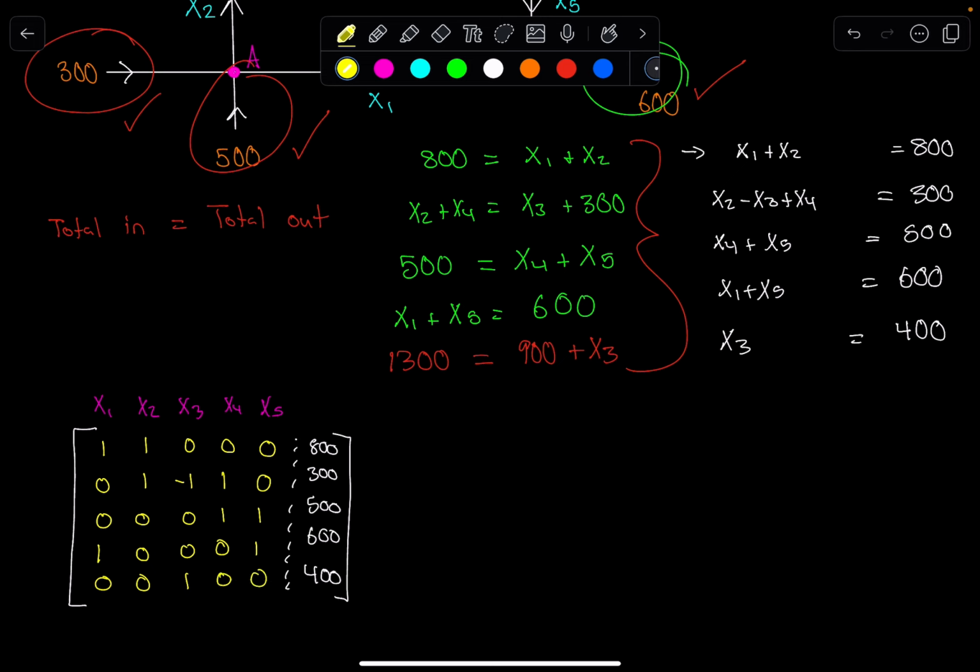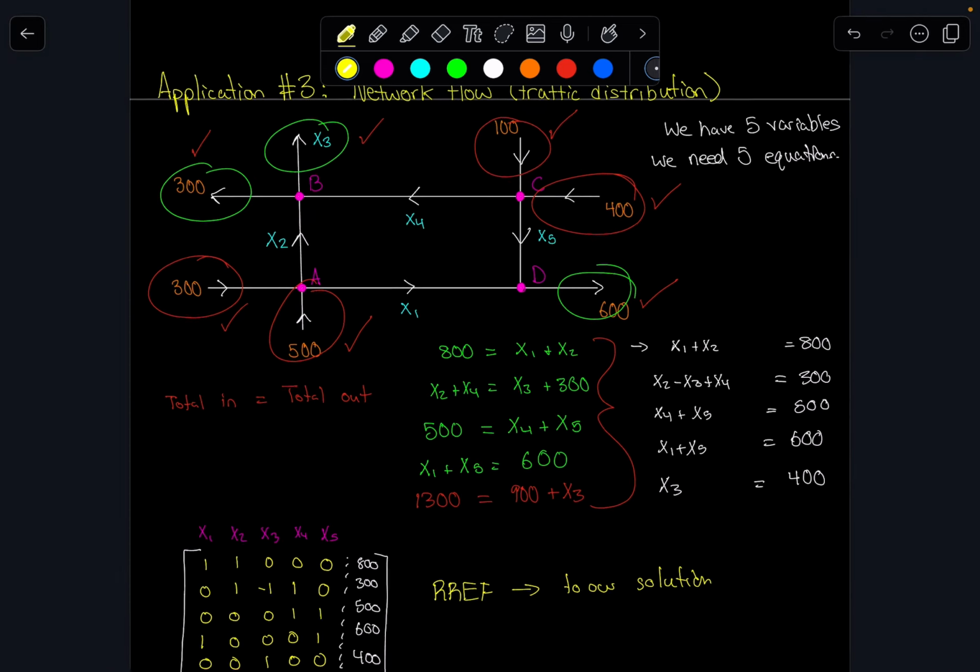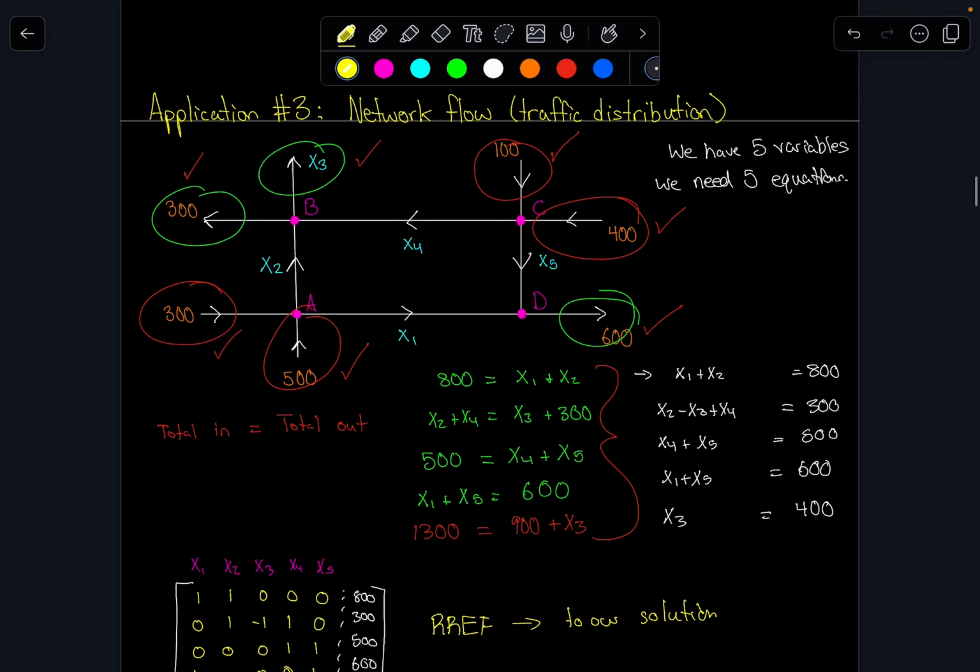And now we have a 5 by 5 augmented matrix that just basically consists of a bunch of ones and zeros. So we RREF this and we get our solution. And that'll tell us the distribution of traffic based on the measurements that we took, and got these numbers at all these intersections.